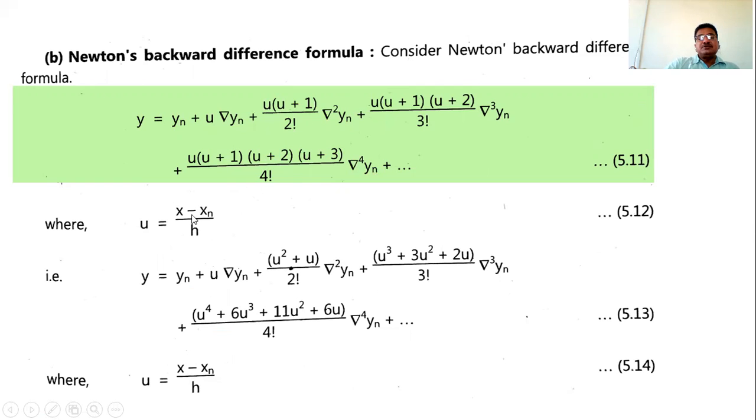So u is what? (x minus last point) divided by h. So this is Newton's backward difference formula.